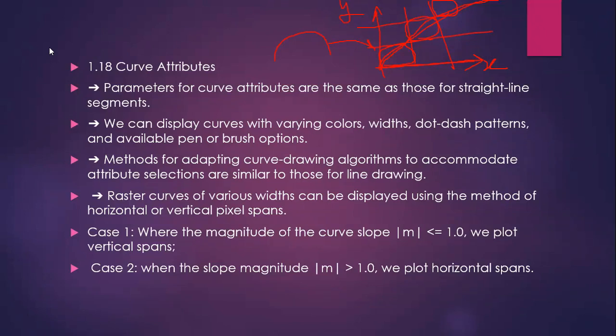We represent the curve slope with magnitude m. If m is less than or equal to 1.0, we plot vertical spans, and when the slope magnitude m is greater than 1.0, we plot horizontal spans.